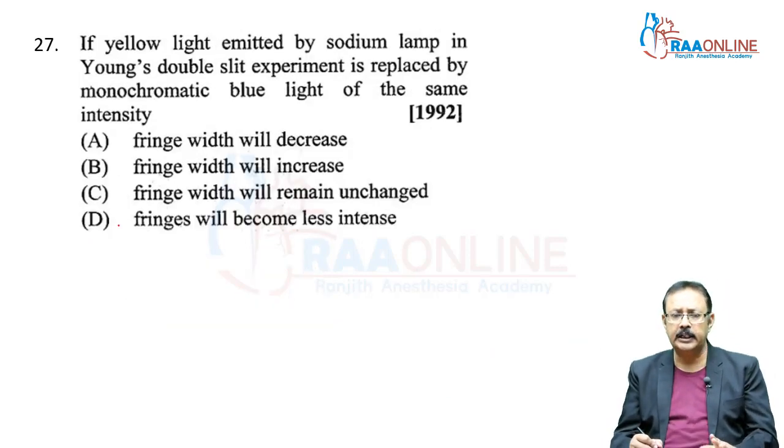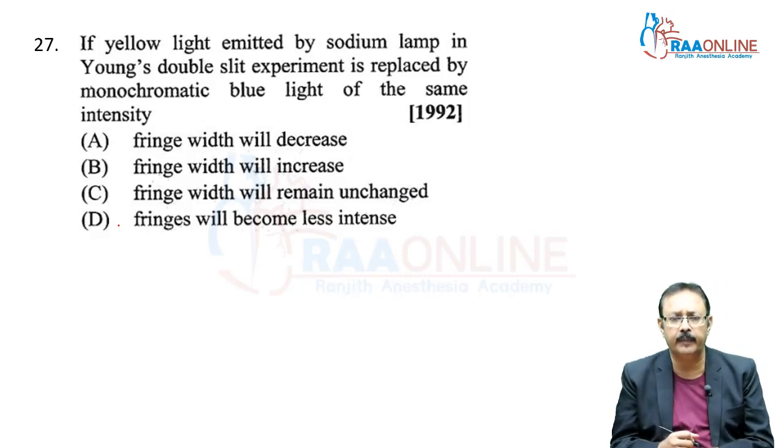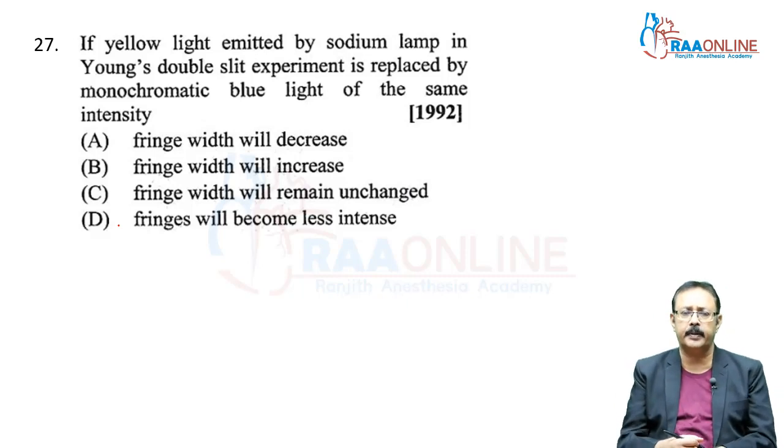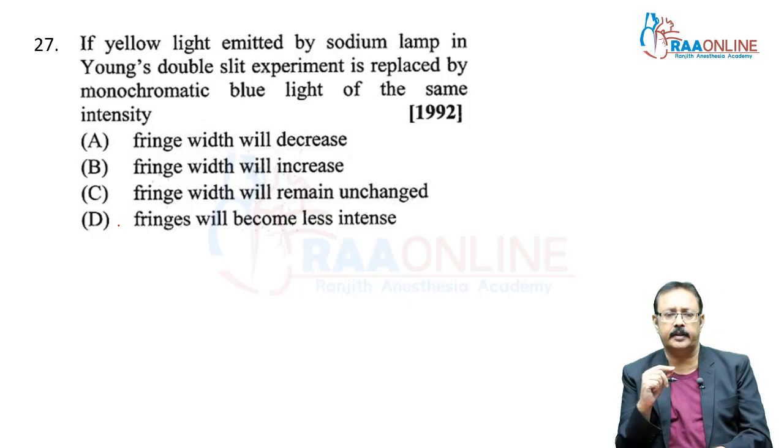27th, it is from 1992 AIPMT. If yellow light emitted by a sodium lamp in a double slit experiment is replaced by monochromatic blue light of the same intensity, what will happen to fringe width?